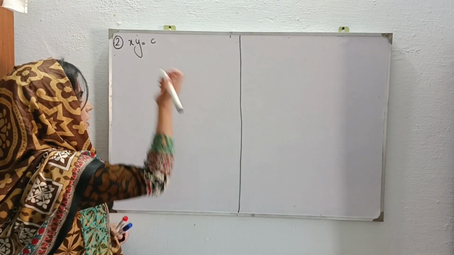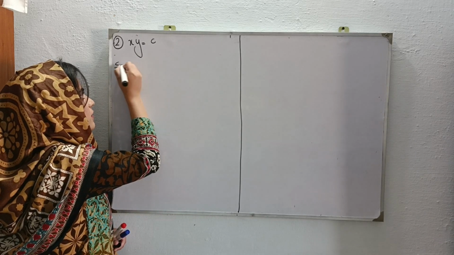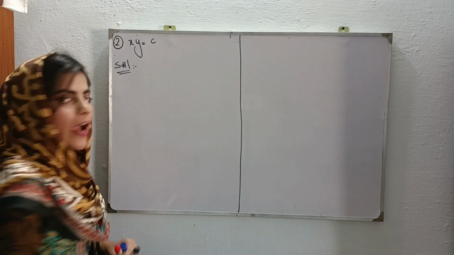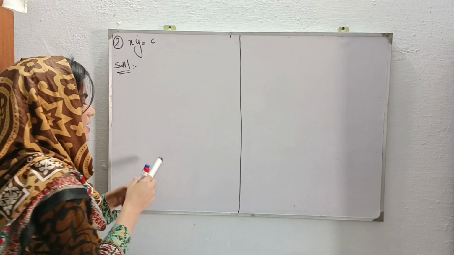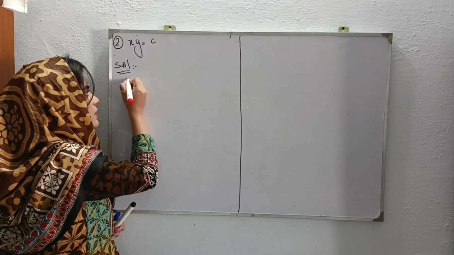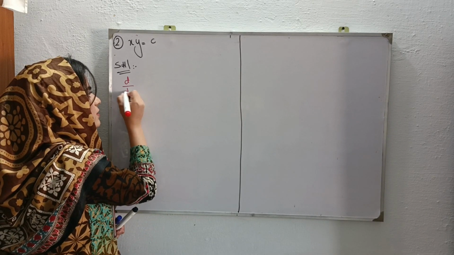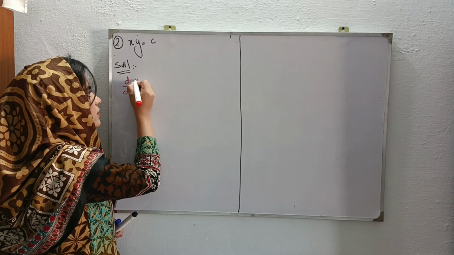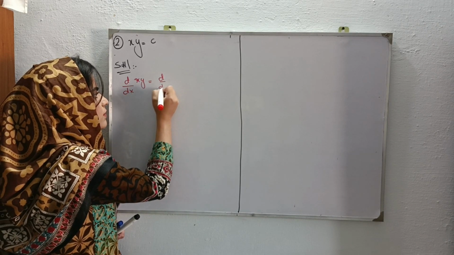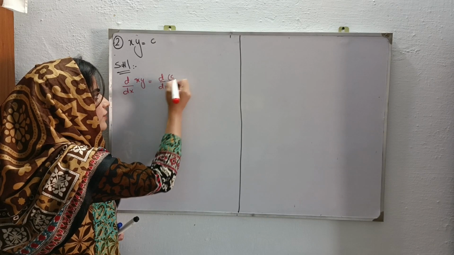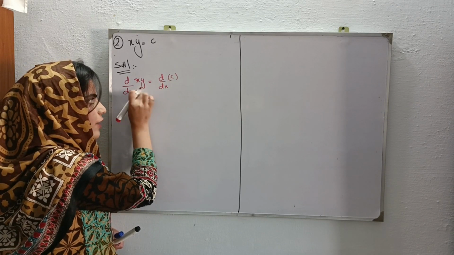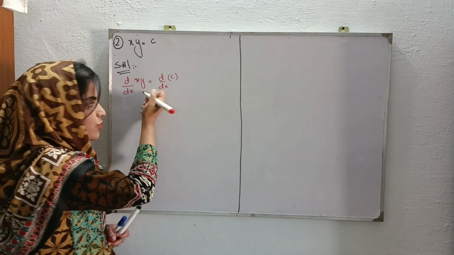You will, in step number 1, what you have to do, you have to calculate the differential equation of this general solution, right? So you will take derivative on both of the sides, right? Okay, so what you have to do, you have to apply over here the product rule, right?